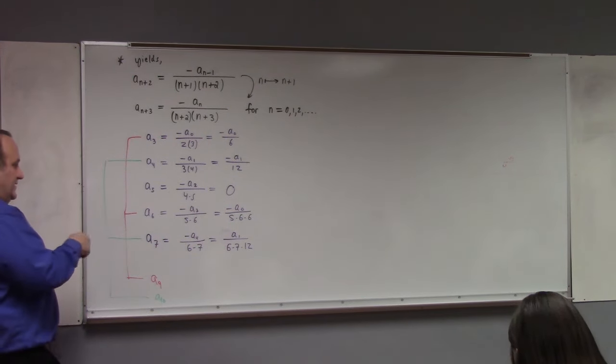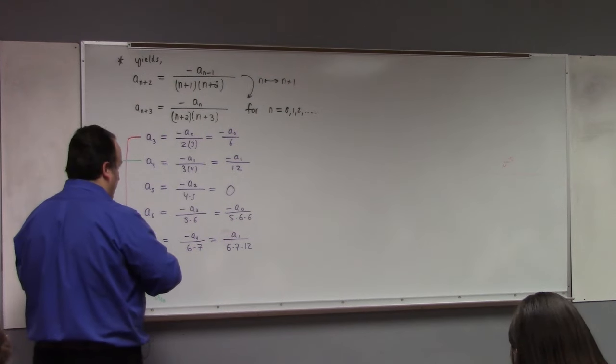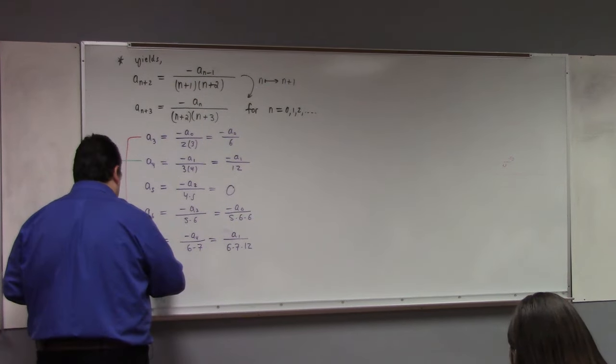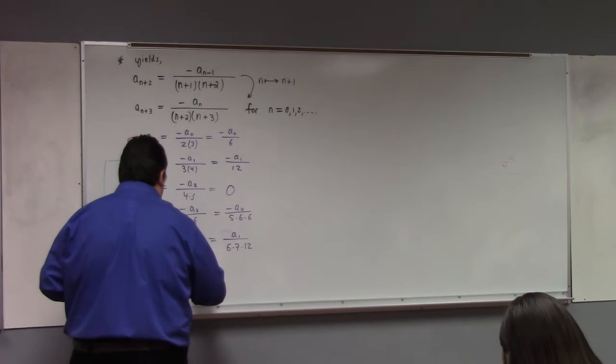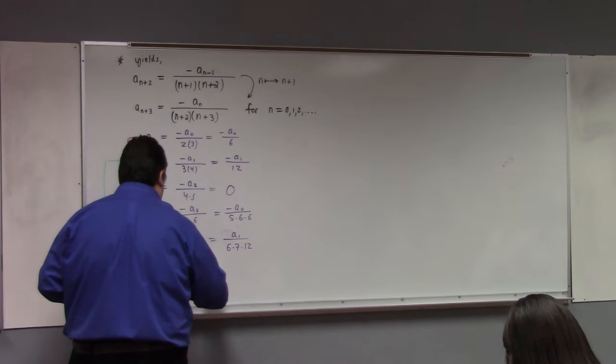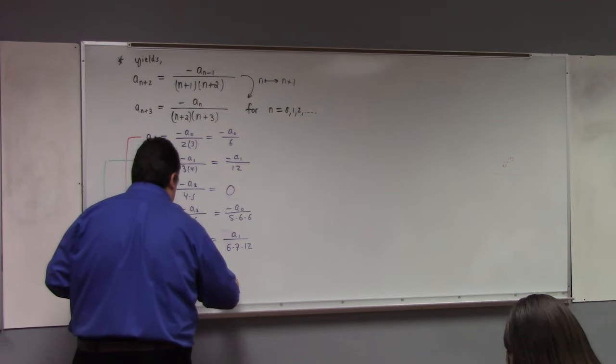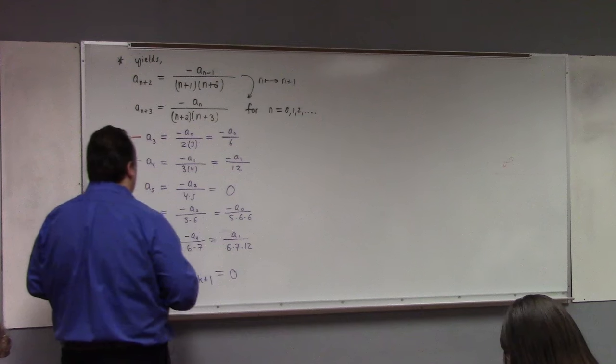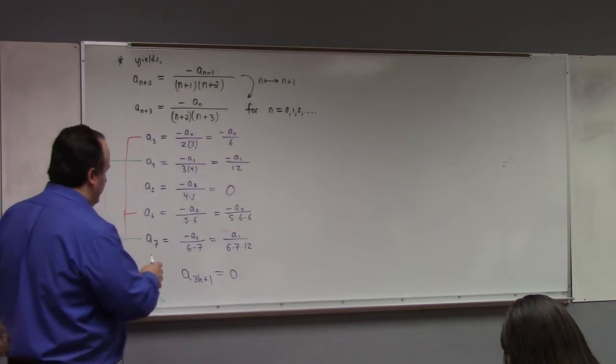And the other thing I can tell you, without further ado, is that if we have a to the 3k plus 1, well, this is equal to 0. What is it, 3k? No, 3k plus 2, my bad.